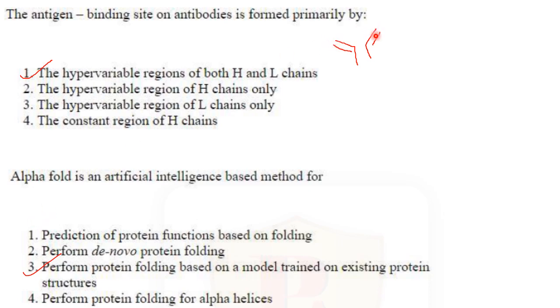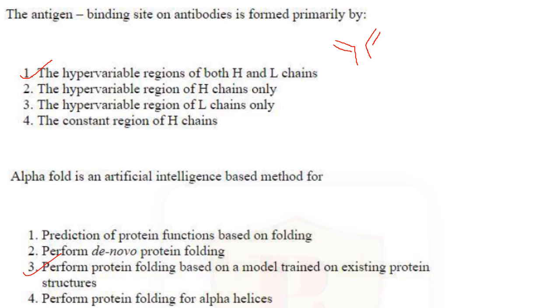It is having hypervariable regions of both heavy chain, this is your heavy chain and this is your light chain. So the hypervariable regions of both heavy and light chains contribute to the antigen binding site on an antibody. So the answer here is option 1.